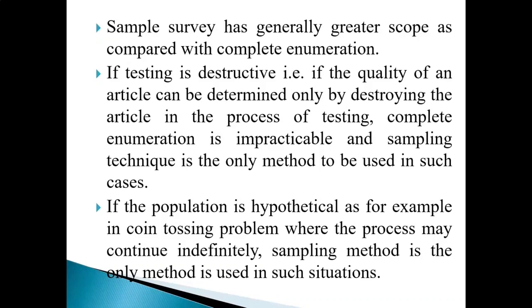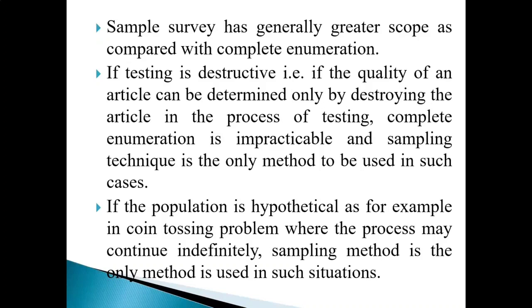And the fifth point says that if the population is hypothetical, as for example in a coin tossing problem where the process may continue indefinitely, the sampling method is the only method used in such situations. Hypothetical in the sense that if I take one boy and one girl from this class, and she tosses a coin 100 times and the boy tosses a coin 200 times, the population will be different for the boy and the girl.